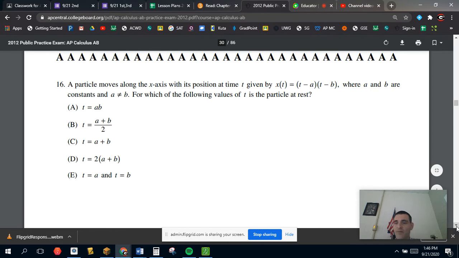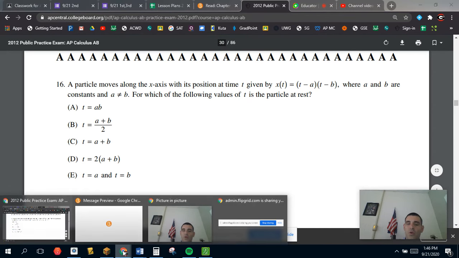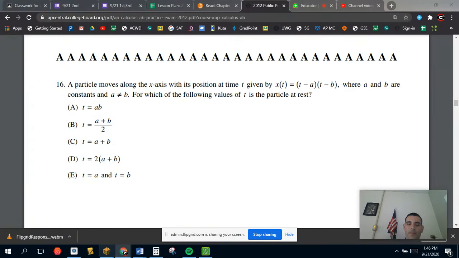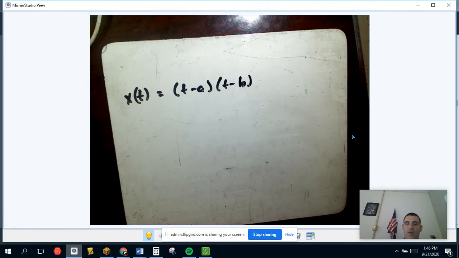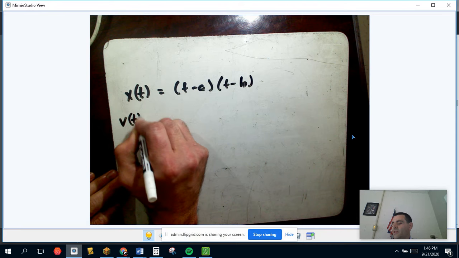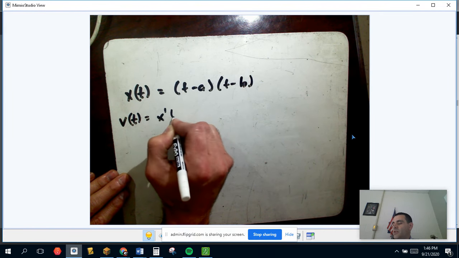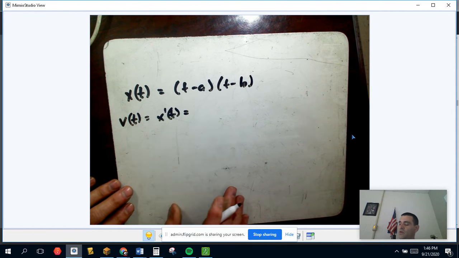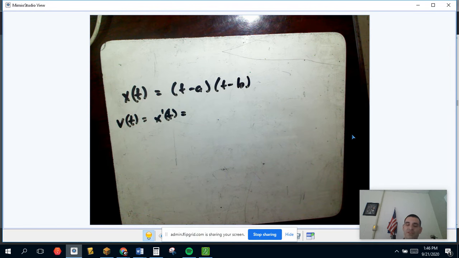So let's write down this position function. Sometimes you see the variable s, sometimes you see the variable x, as you do on this one. So we want to find our velocity. Our velocity function is simply the derivative of our position.